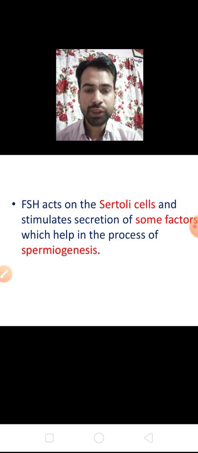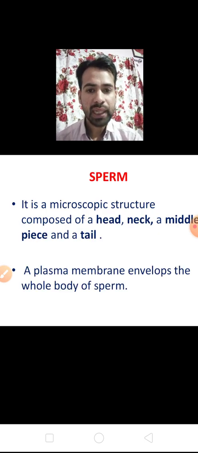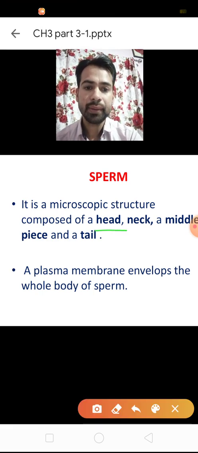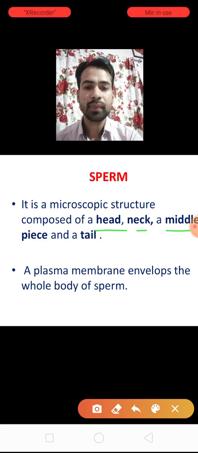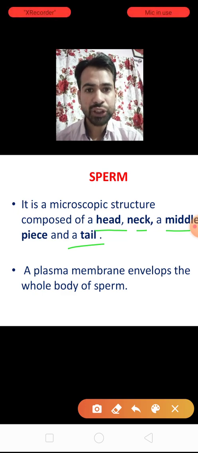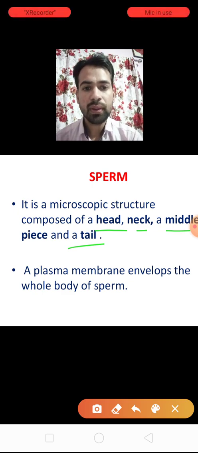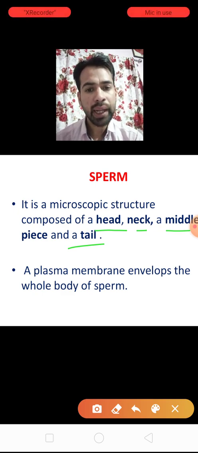We'll see the structure of the sperm. Sperm consists of head, neck, middle piece and tail. The four structures that are found in the sperm: number 1, head; number 2, neck; number 3, middle piece; and number 4, tail.